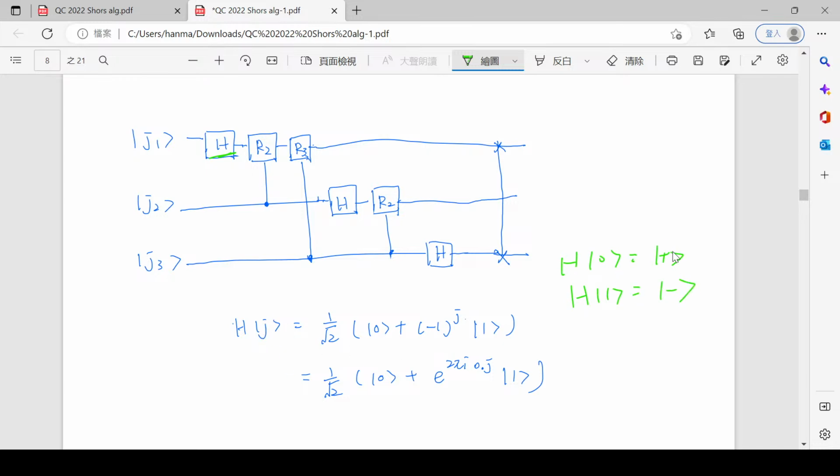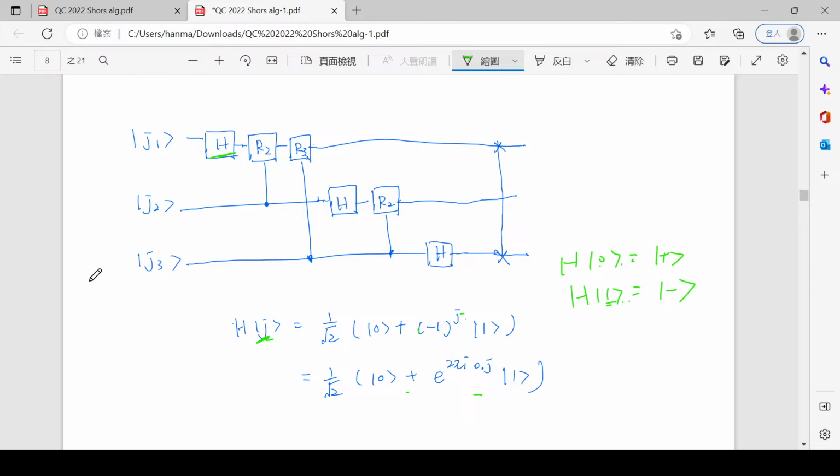Both plus and minus should be something like 1 over square root 2, |0> plus |1>, but you might have a minus 1 phase here, when your input is 1, that is, when j equals 1. So you just say this minus 1 to the j corresponds to this thing, right? And minus 1 to the j, if you want to write it as a complex exponential, is e to the 2 pi i 0.j.